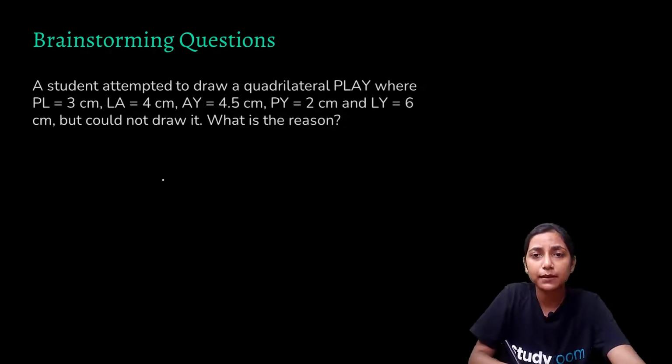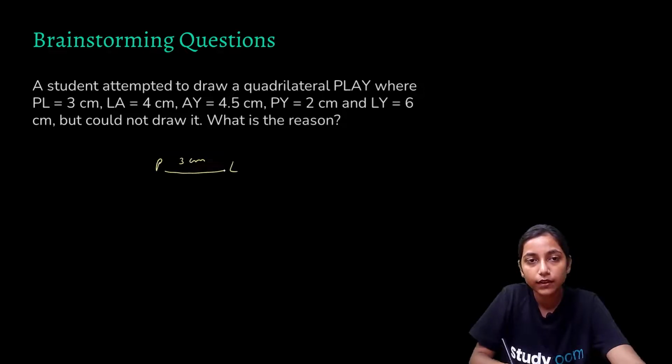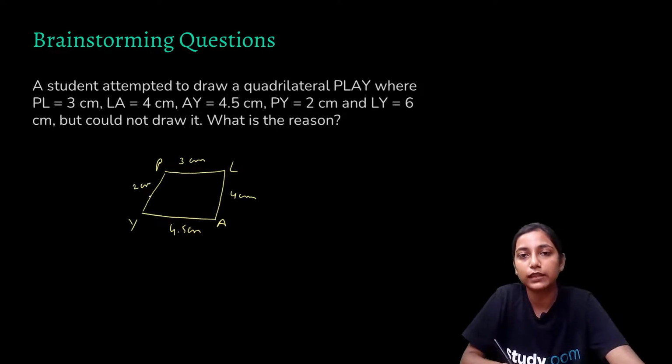So we have a quadrilateral, say PLAY, PL 3 cm, LA 4 centimeters, AY 4.5 centimeters and PY only 2 centimeters. LY is given to be 6 centimeters.